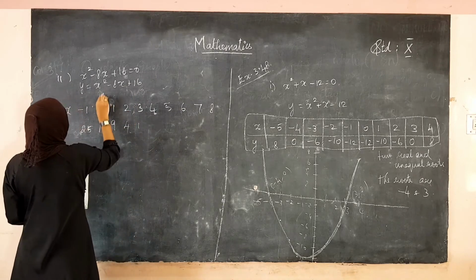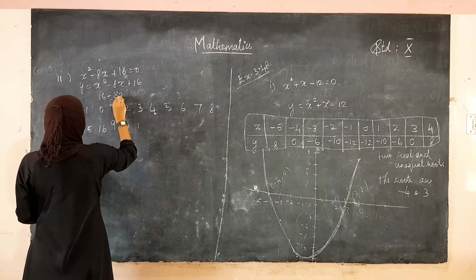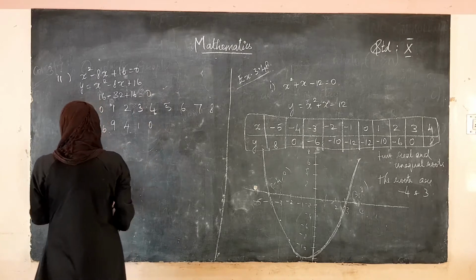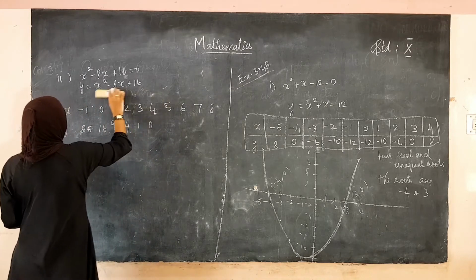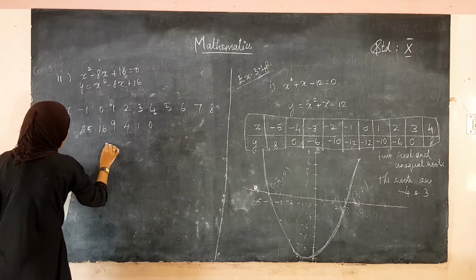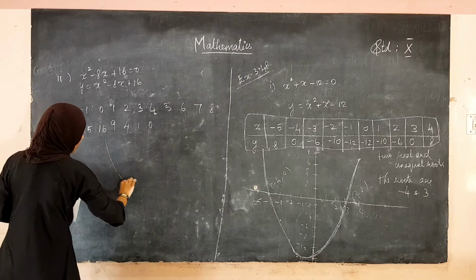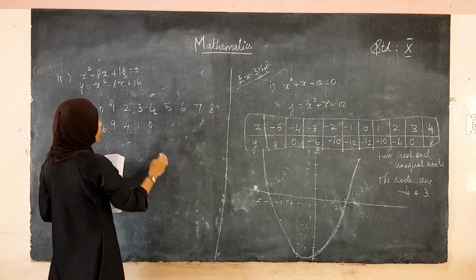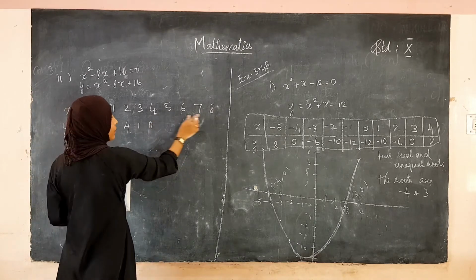And again for 4: 16 minus 32 plus 16 equal to 0. And again for 5. See here, it is clearly coming down from 25 to 0. Now it came to 0 and again you have to increase. So we are taking other values also.